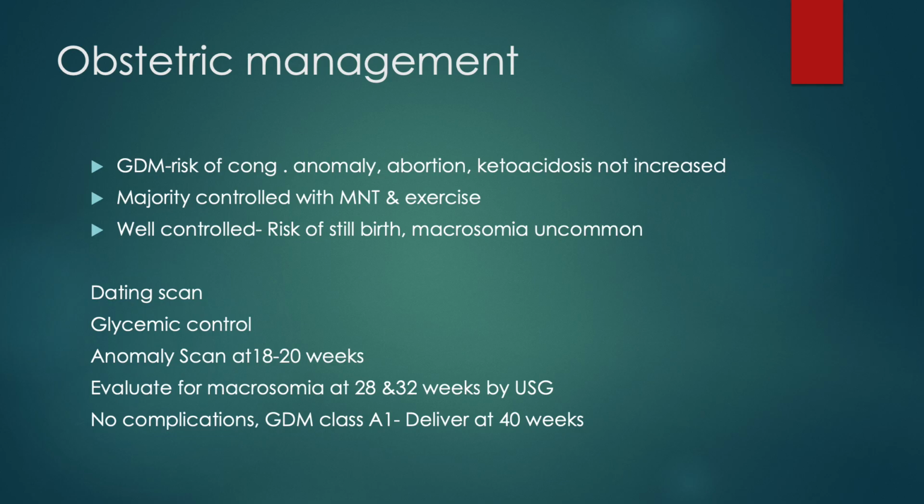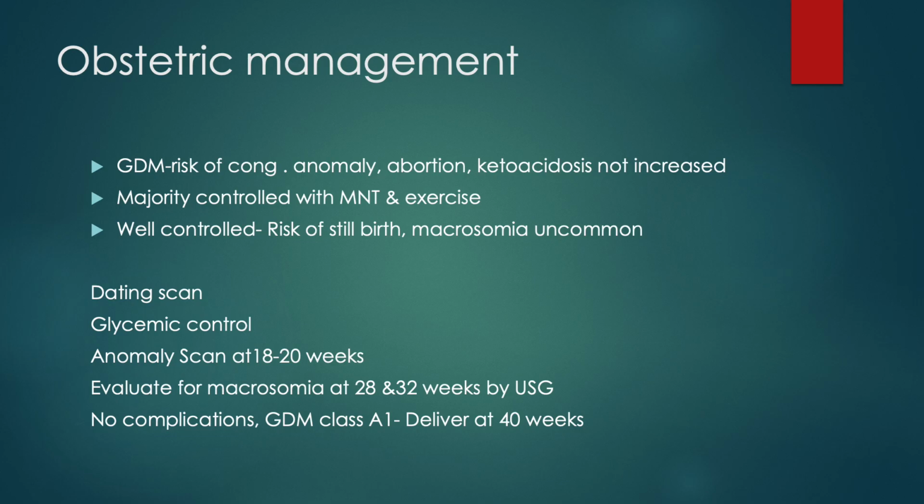And usually diabetes may be mild, and the majority get controlled with medical nutrition therapy and exercise. And in well-controlled gestational diabetes, the risk of stillbirth is minimal and macrosomia is uncommon. With this basic knowledge, we manage a gestational diabetes woman.